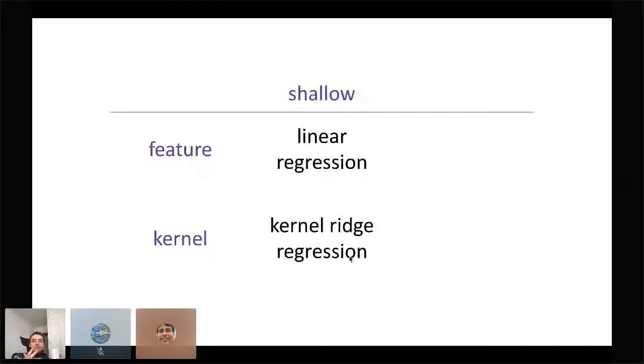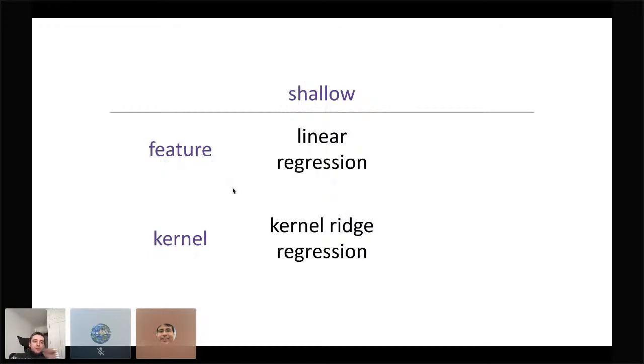To introduce deep kernel methods, it's worth going right back and thinking about very basic families of machine learning methods. The first methods that you probably ever learned would be shallow methods. Possibly the first one was a shallow feature-based method, linear regression, which hopefully we all know and love.